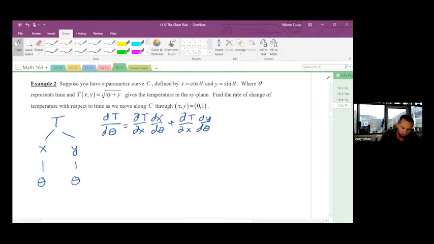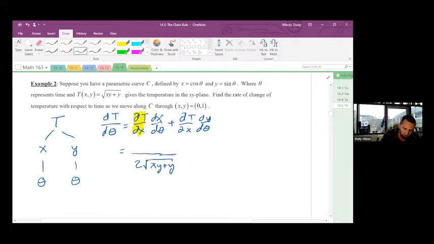All right, so let's do this the same way, term by term. And notice we start with a partial derivative of T with respect to x. And so that will be, it looks like you can end up with a 2 root xy plus y in the denominator.